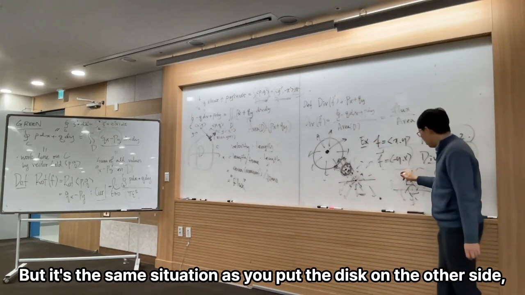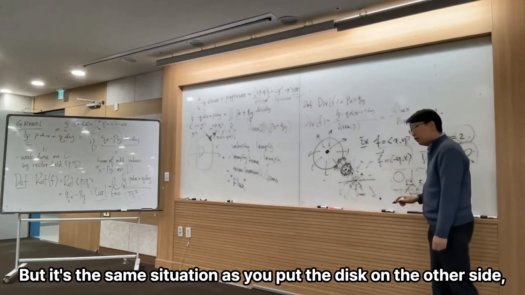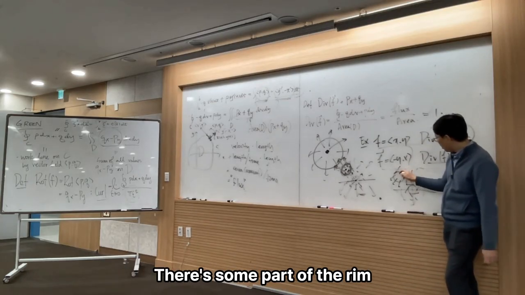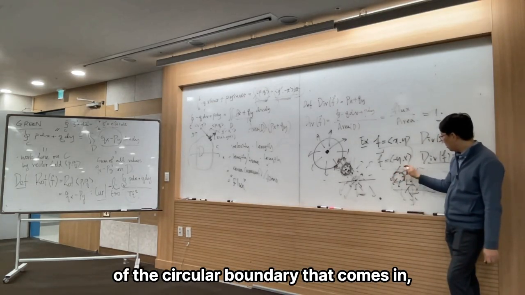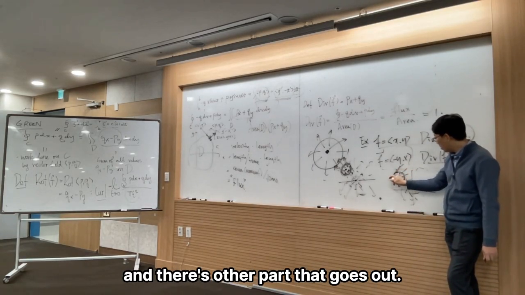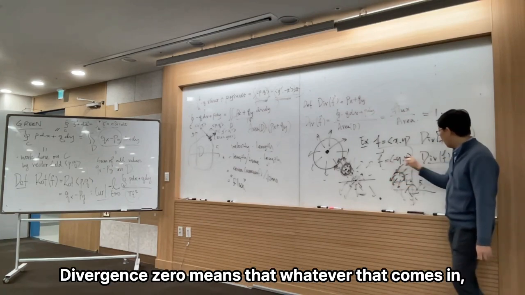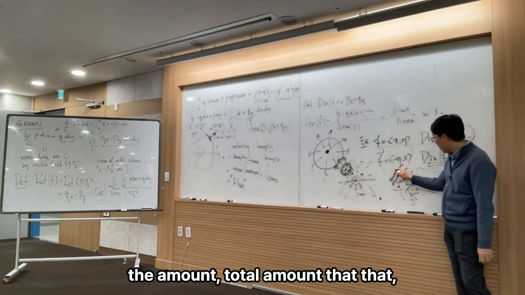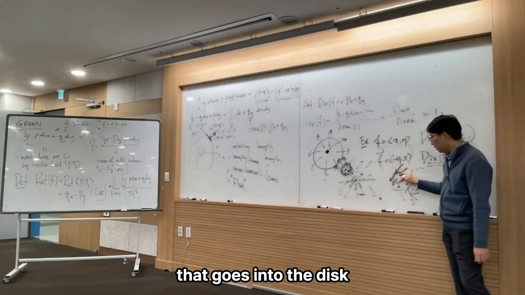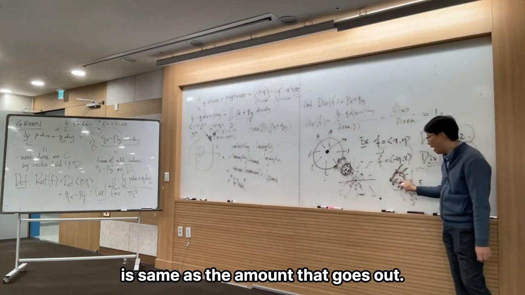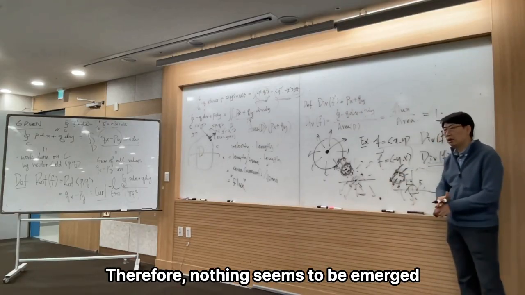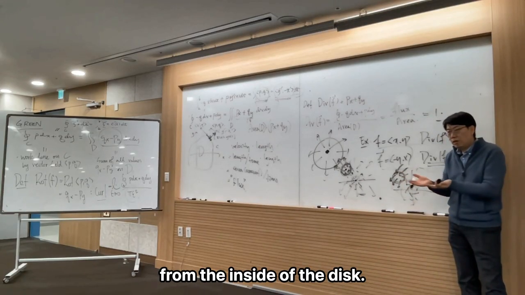It's the same situation if you put the disk somewhere else. Say something is going in this direction: some part of the rim comes in, and another part goes out. Divergence 0 means that the total amount going into the disk is the same as the amount going out. Same amount goes in, same amount goes out. Therefore, nothing seems to emerge from inside the disk.